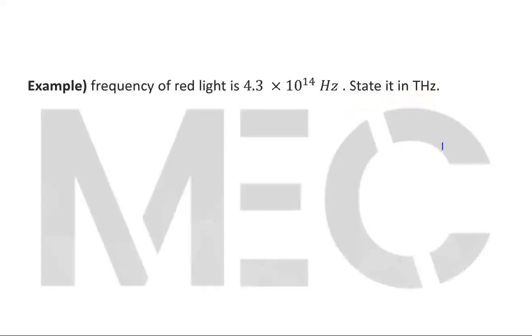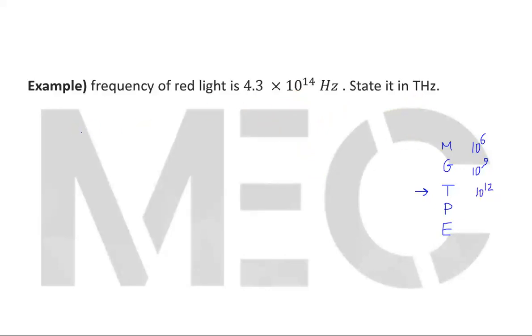We will need to know that mega is 10 to the 6, giga is 10 to the 9, tera, peta, exa. So tera is 10 to the 12. So this is what we need here. We want to state it in terms of terahertz.